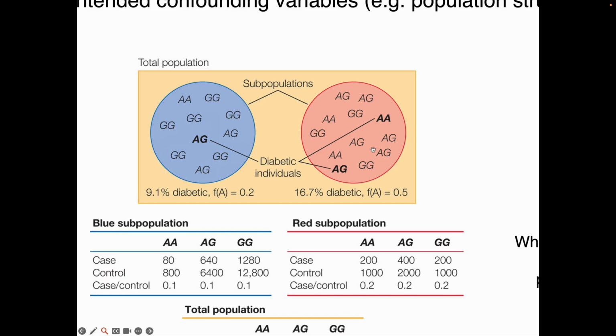If you analyze this as one big population, you don't know that there's this confounding effect where the two populations have different frequencies of the A allele and different frequencies of diabetes. This is probably going to give you an association with the A, even though that doesn't necessarily mean that allele is associated with it. It's just due to the population substructure, right?